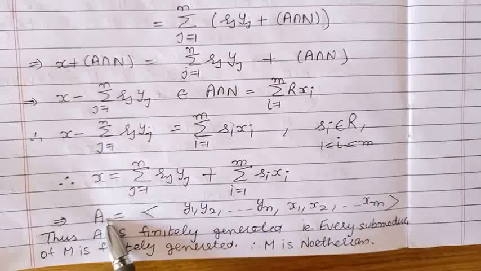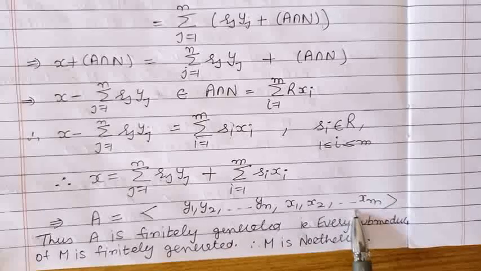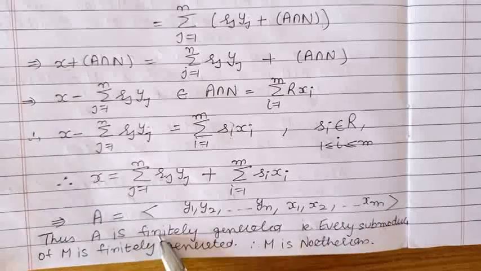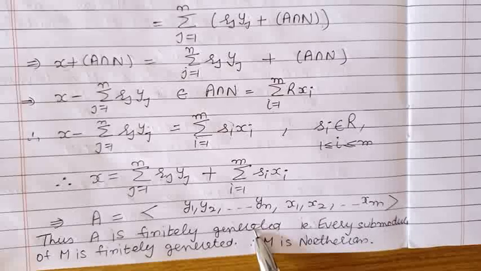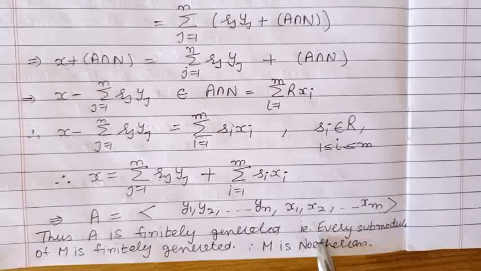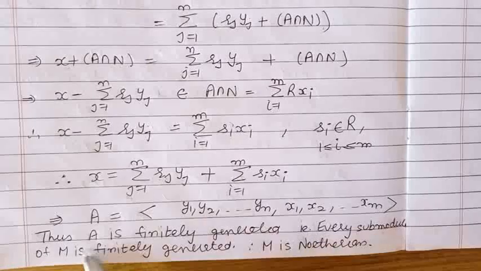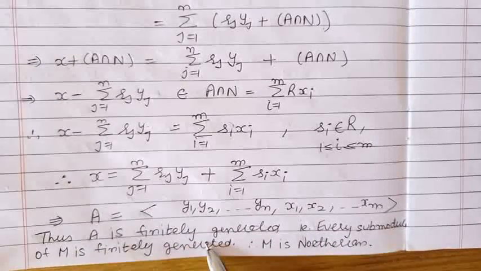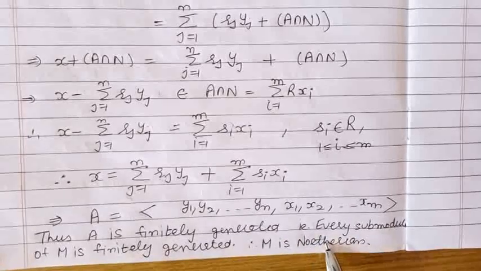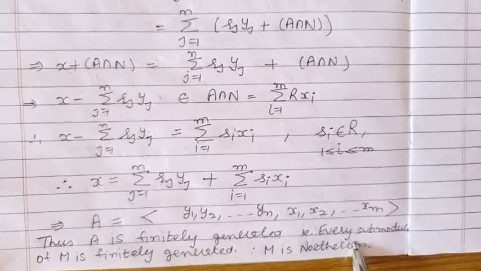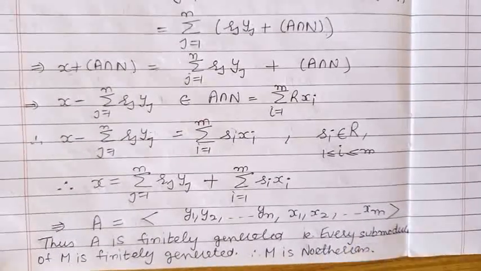So A is generated by a finite number of elements. So we can say that A is finitely generated. So we have proved that every submodule of M is finitely generated. So by definition, we can say that M is a noetherian module. So this completes the proof of this theorem.